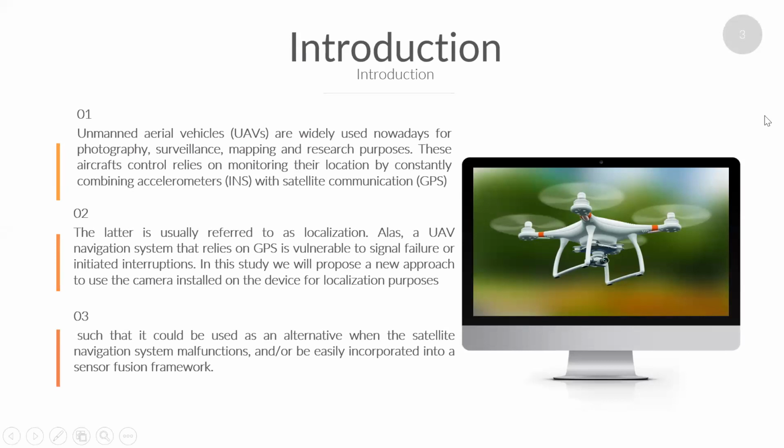Here, the introduction. Unmanned aerial vehicles, UAVs, are widely used nowadays for photography, surveillance, mapping, and research purposes. These aircraft control relies on monitoring their location by constantly combining accelerometers, INS, with satellite communication, like GPS. The latter is usually referred to as localization.